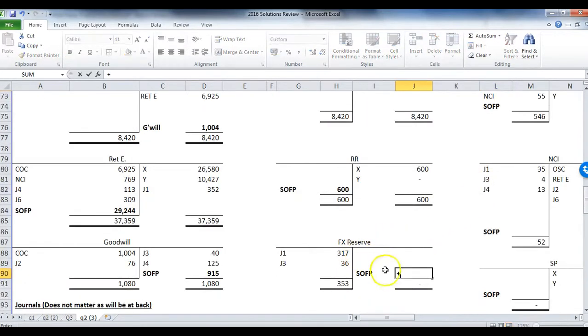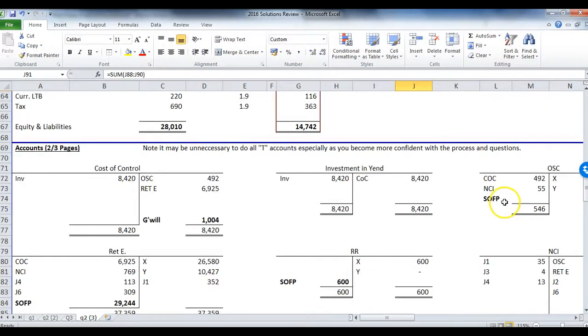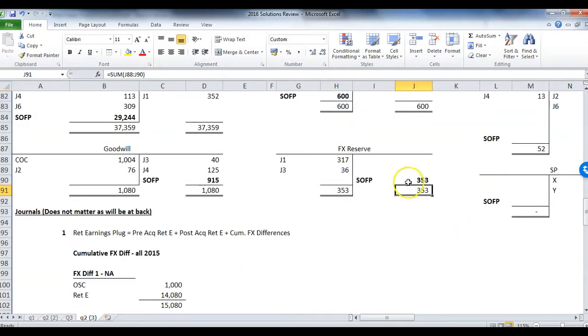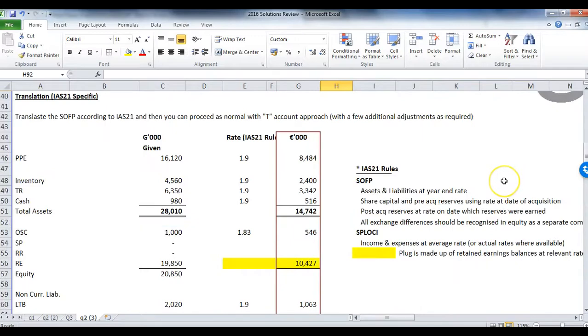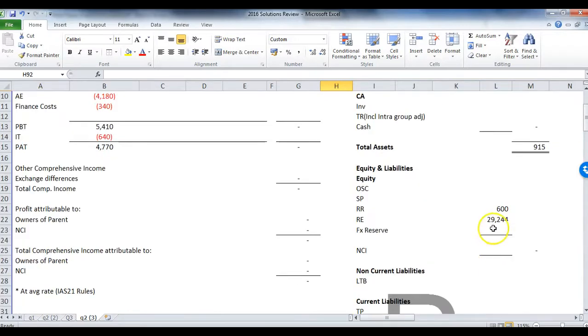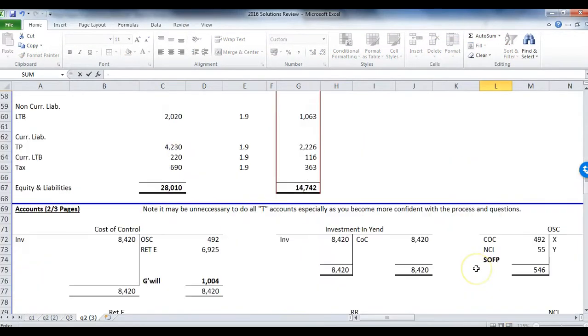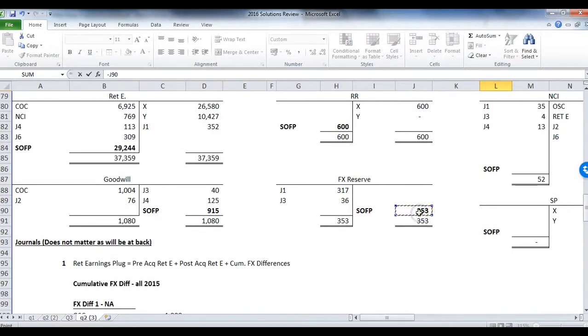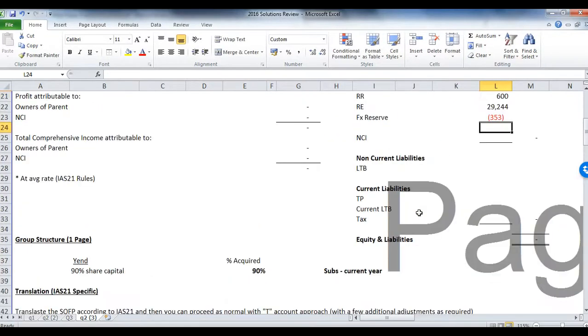FX reserve is FX 1 and 2 plus FX difference 3, which is 353. And note, this is a debit balance, so don't get caught out here. This will be a negative figure in the equity section, so minus 353 because it's a debit balance. So remember, these are FX losses.